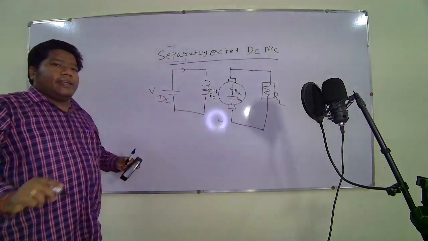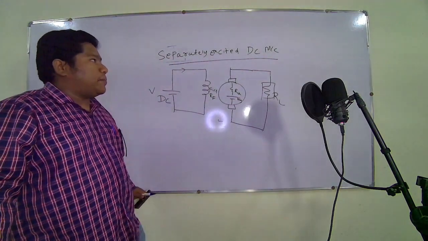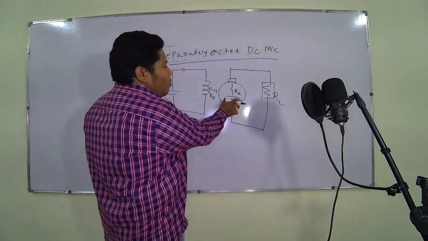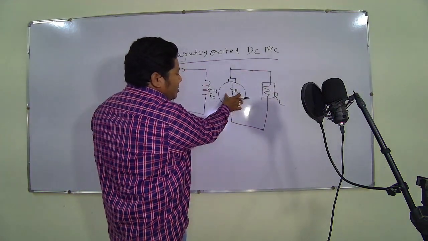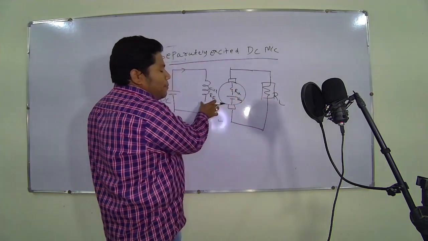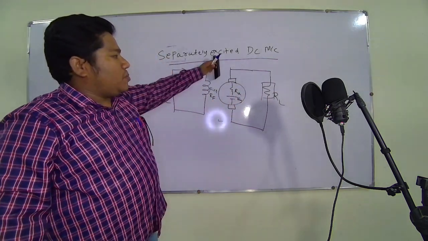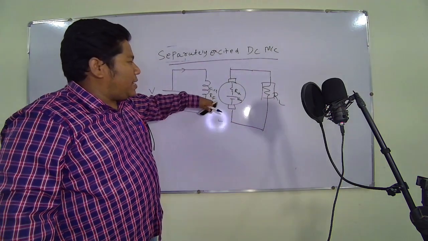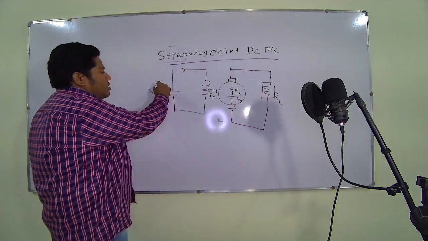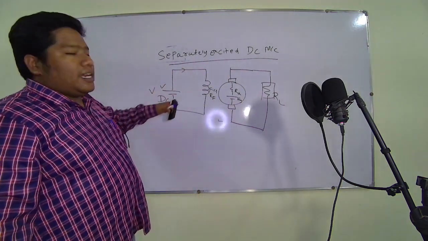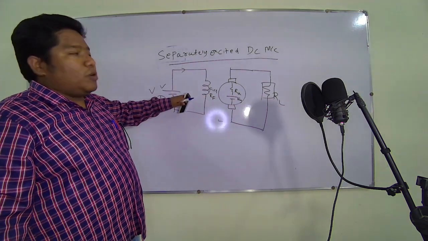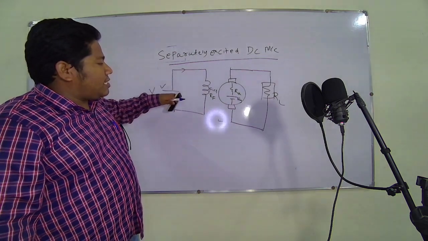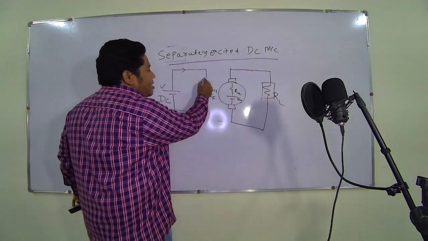This is a diagram of separately excited DC machine. Here there is no electrical connection between the armature and the field. So to excite the field, we need an extra DC source, that is known as external supply.